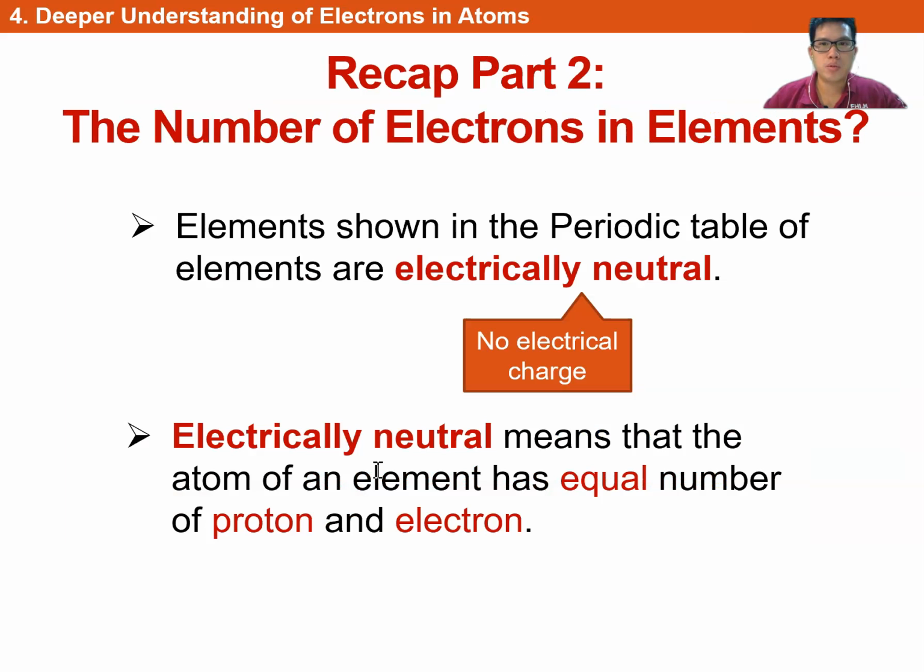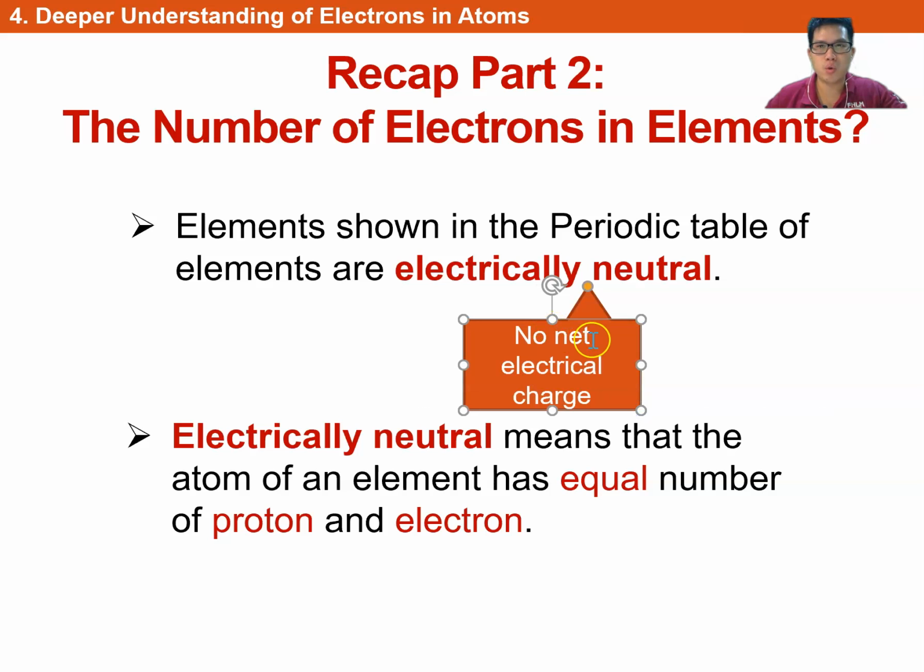And then we also learned about being electrically neutral. The terminology means no net charge. I should emphasize: no net electrical charge doesn't mean that there's no charge. It means that they are charged, just that there's positive charge and negative charge.